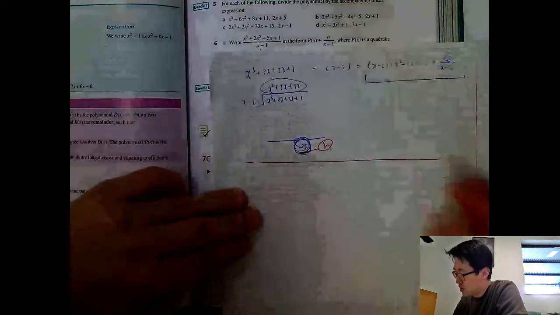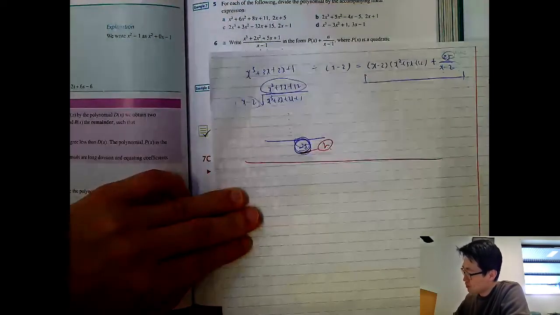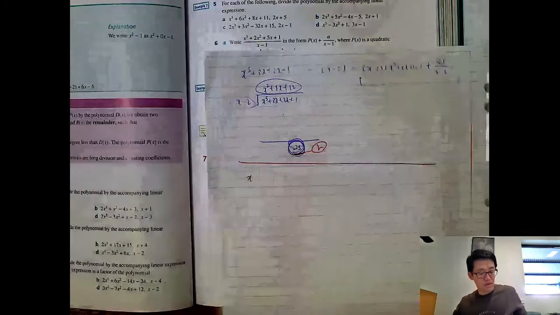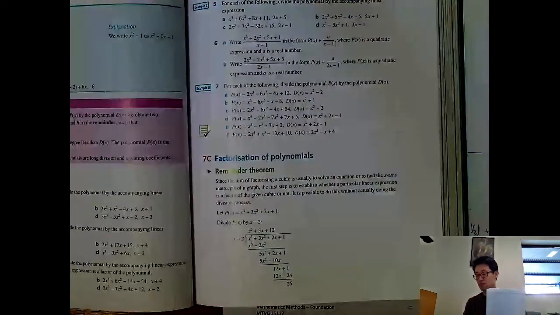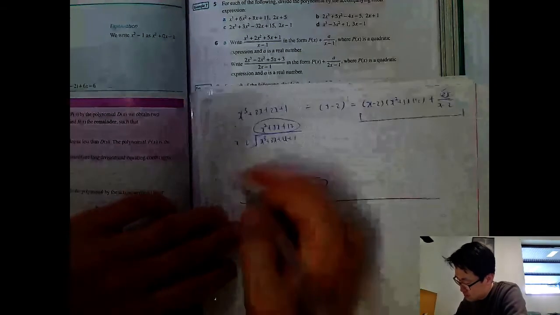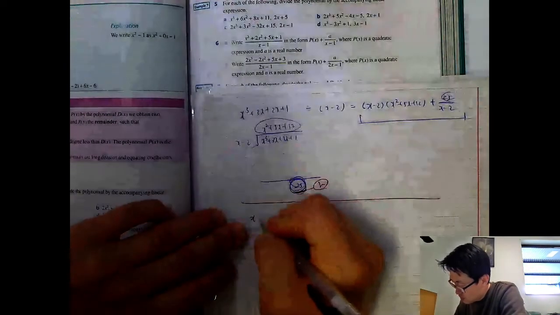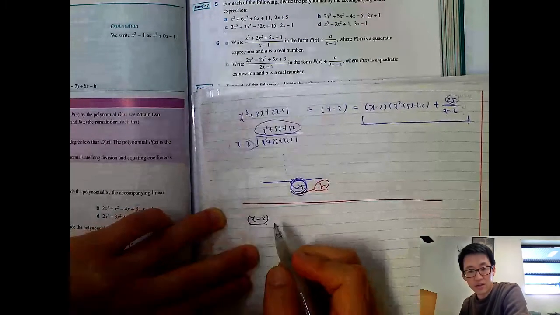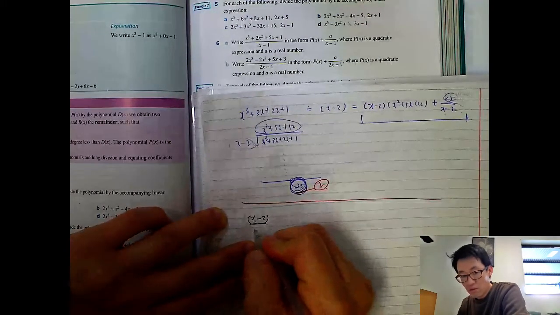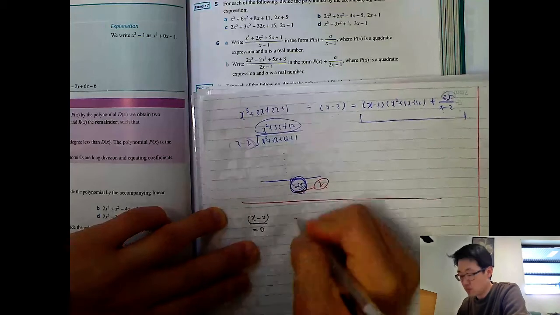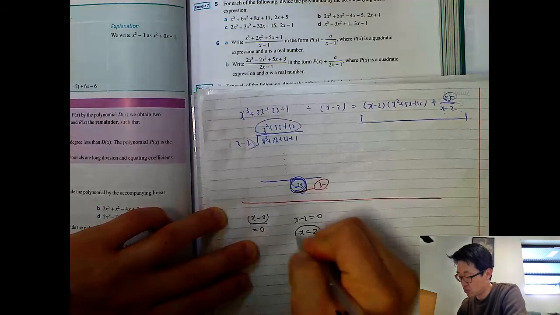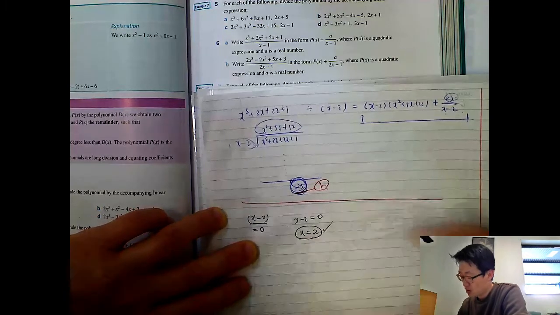Let's try this one now. x minus 2, that's the divisor, which means what makes it equal 0? x minus 2 equals 0 when x equals what? 2, isn't it? Yep.